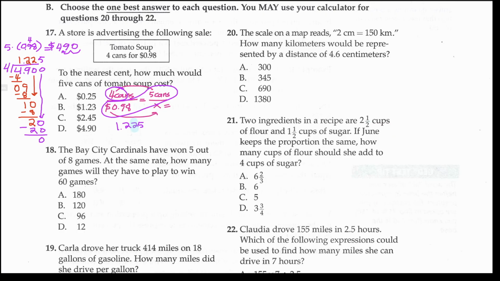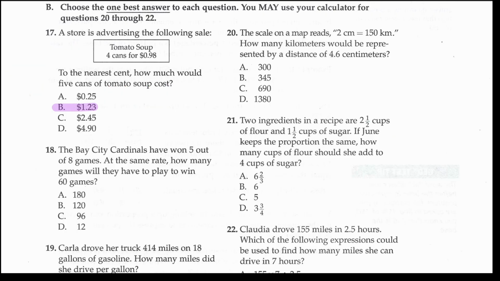So then we look to the right. It's a 5. That means the one that I just highlighted is going to go up by 1 penny. So the answer for x is going to be $1.23. So what is that choice? That's going to be B.